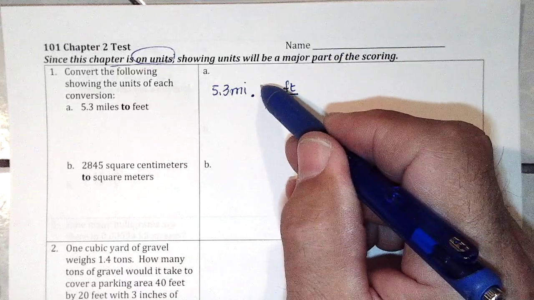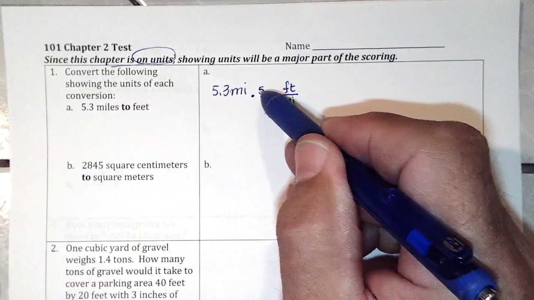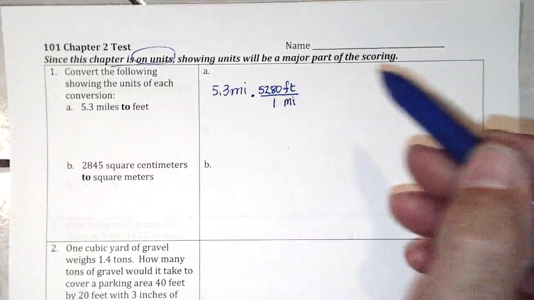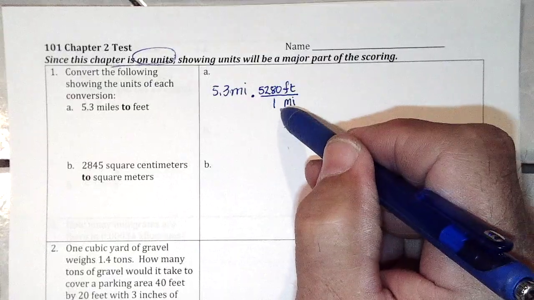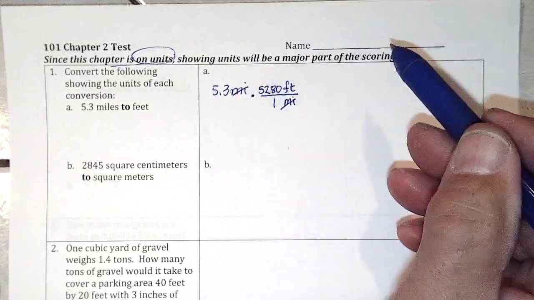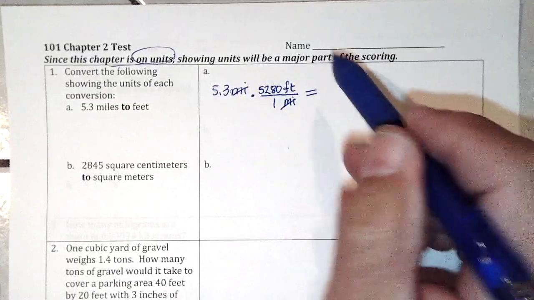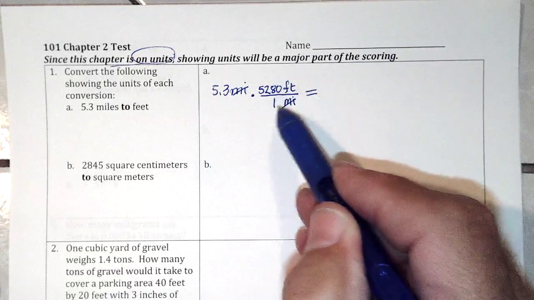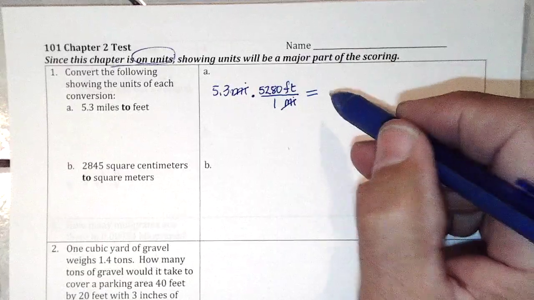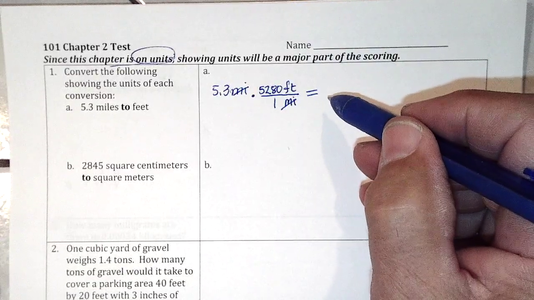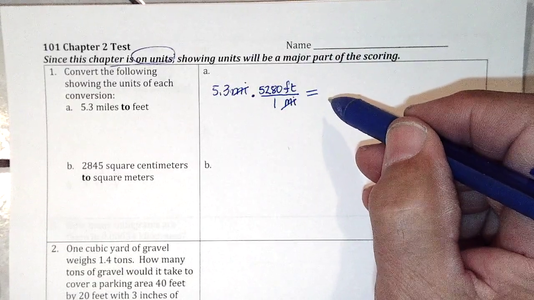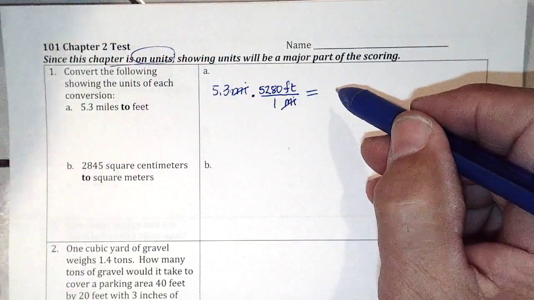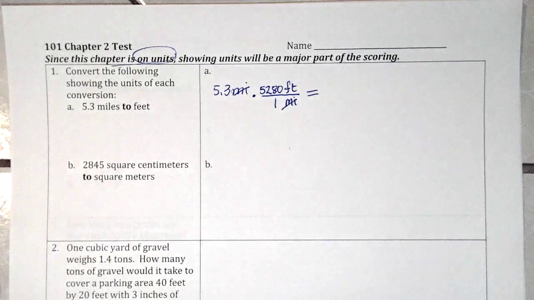And from your conversion sheet, you should know that 5,280 feet make 1 mile. And now the mile unit cancels. And to get the answer, we're going to take 5.3 times 5,280 divided by 1. And that comes out to be, I could pull out the calculator, but I just want to pull up the answer key. Where did I put that?